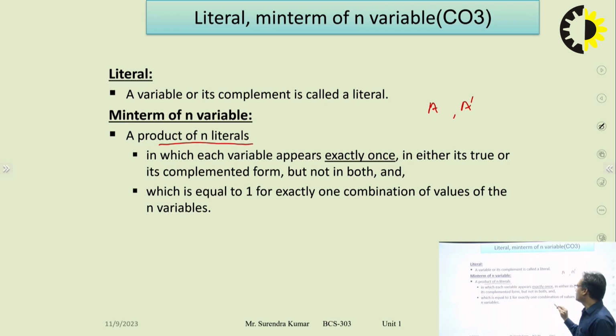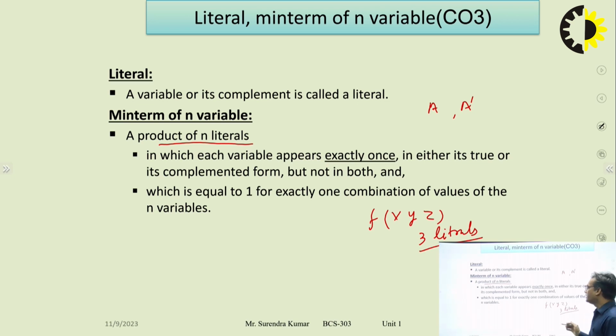For example, if you have 3 variables x, y, z in any function f, there are 3 literals, and these 3 literals appear exactly once in that minterm. Each will be either in true or complemented form, but not both.